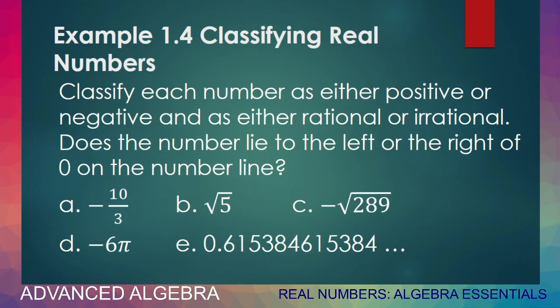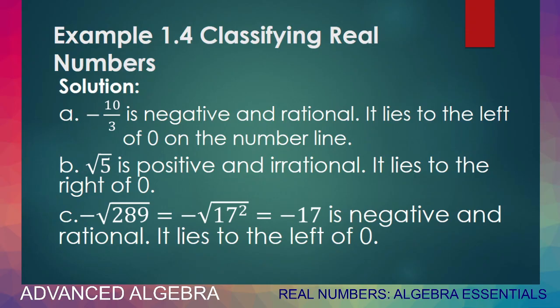So, let's summarize. In letter A, negative 10 over 3 is negative and a rational number, so it lies to the left of 0 on the number line. Letter B is positive and irrational, since the square root of 5 is not a perfect square, so it lies to the right of 0. Next, negative the square root of 289 is negative 17 when simplified, so it is negative and rational.